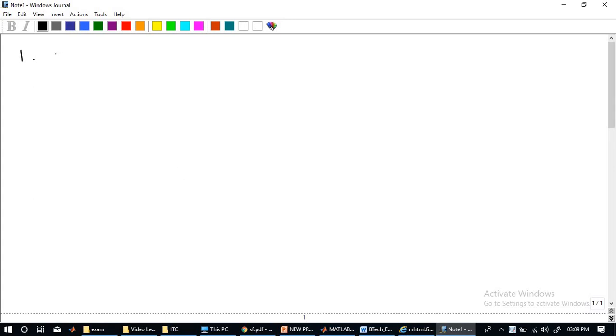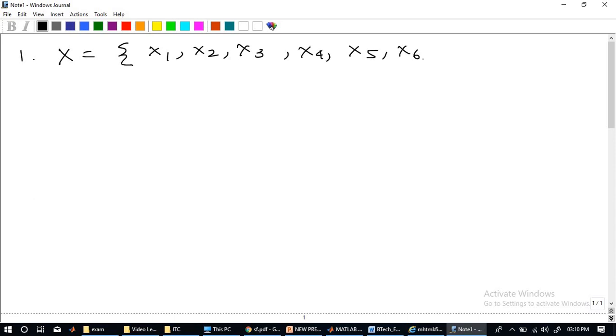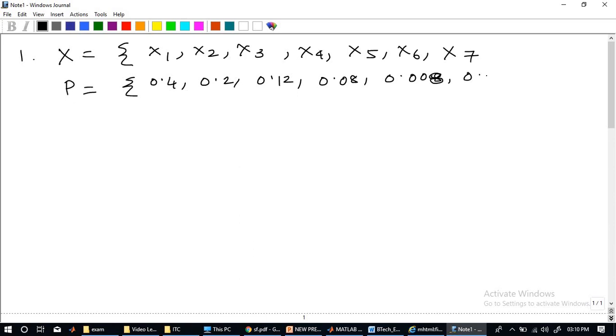So let's see the problem, whether you can do it or not. The question is, you have X given by symbols x1, x2, x3, x4, x5, x6, x7 with the respective probabilities as 0.4, 0.2, 0.12, 0.08, 0.08, 0.08 and 0.04.